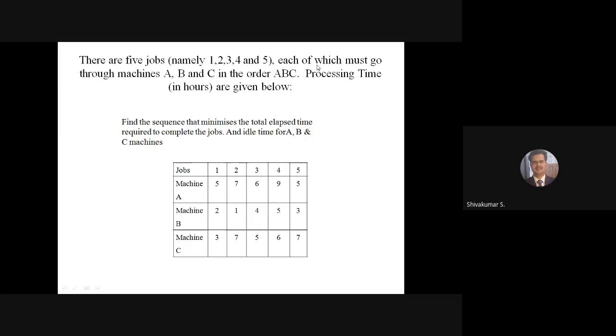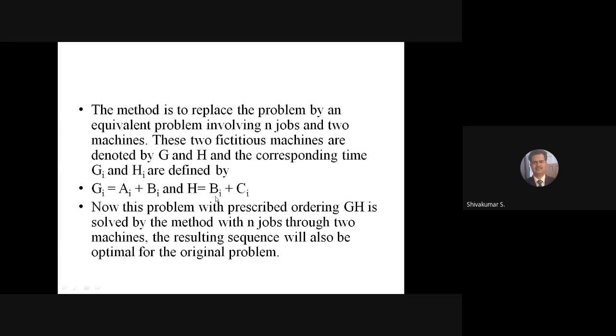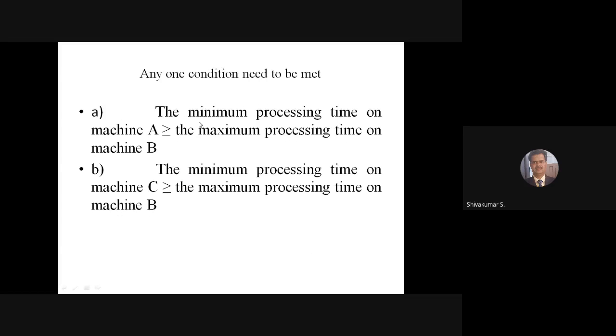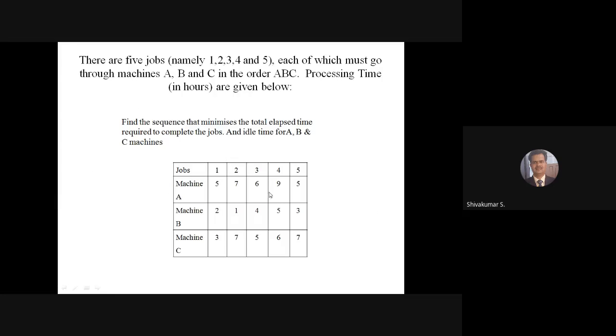Okay. So this is 3 machines in job. I told that you have to combine 2 machines and make one G and H, 2 fictitious machines G and H, when the condition is met, that is the minimum processing time on A should be greater than or equal to maximum of B, or minimum of C should be greater than or equal to maximum of B. Now check out here.